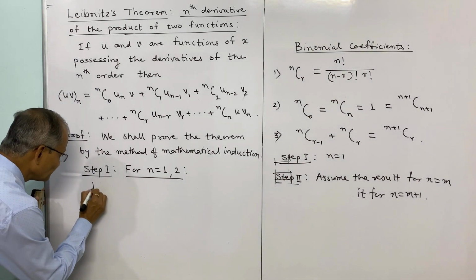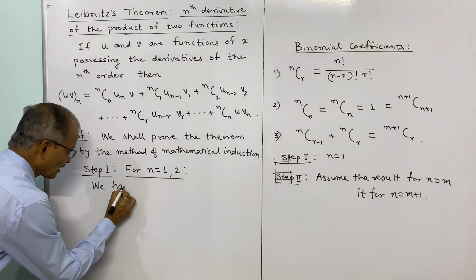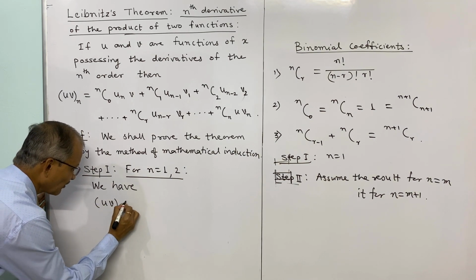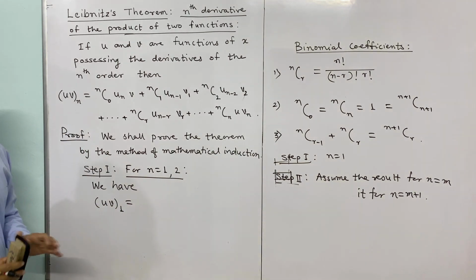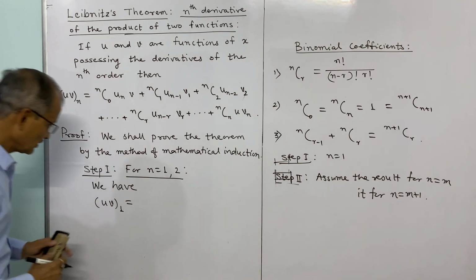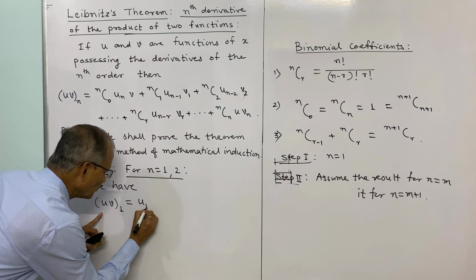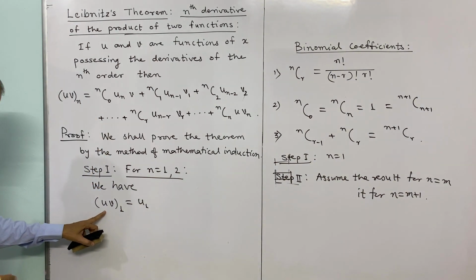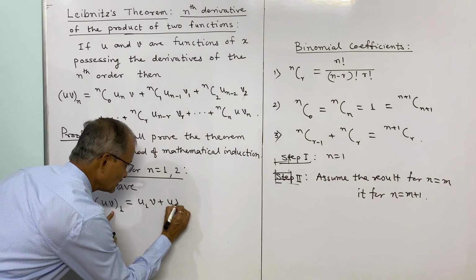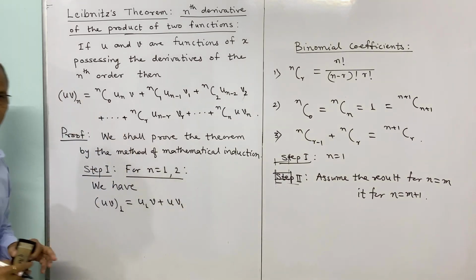So we have, this is by direct differentiation, first derivative of u into v by the rule of derivative of product. So this is derivative of u, that is u suffix 1 into v as it is, plus u as it is into derivative of v, v1.